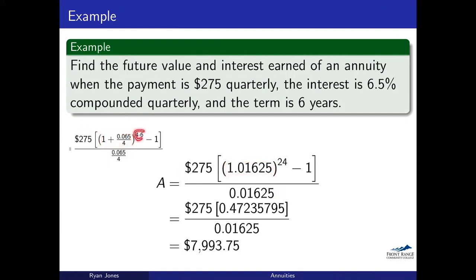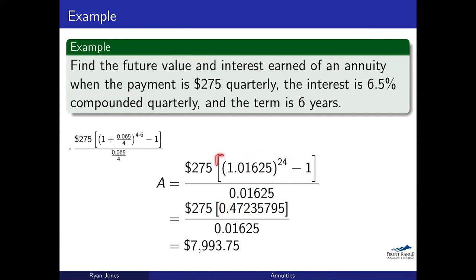And then I've got my 4 times 6 is my 24. Now at this point, I can calculate this first, then subtract 1. When I calculate this, I am going to get 1.472357995. Then I subtract 1, and so this just becomes a 0.